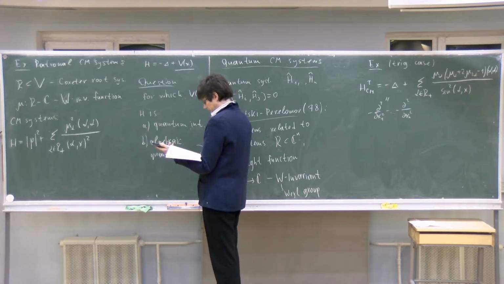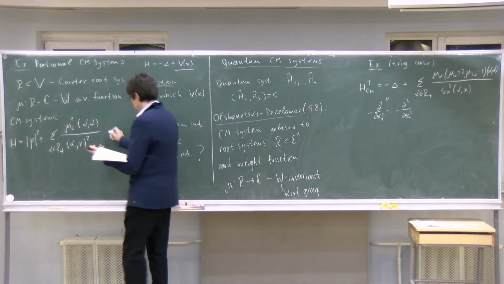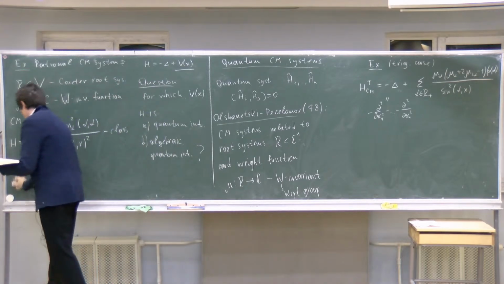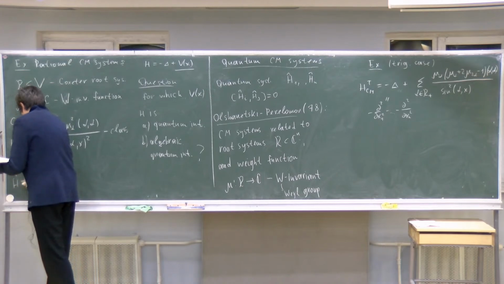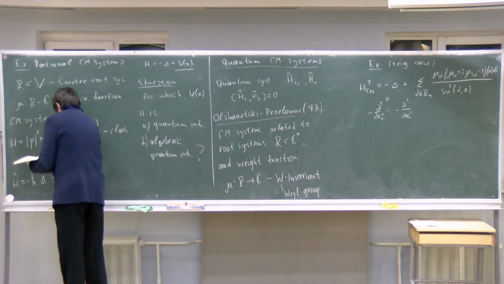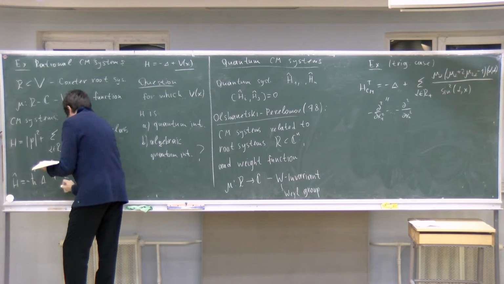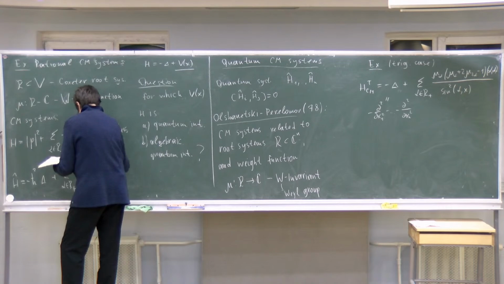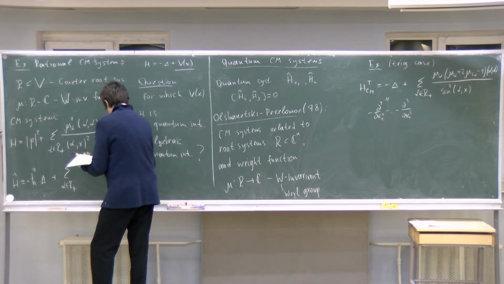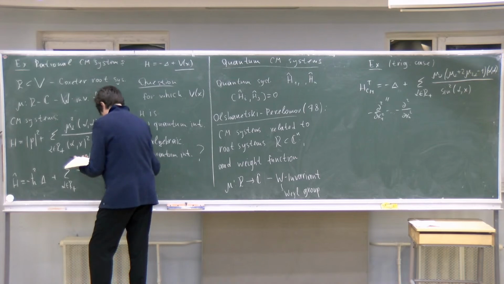And this is a classical Hamiltonian, and the corresponding quantum Hamiltonian is just minus h squared delta plus the same sum, mu alpha (mu alpha plus h) over alpha x squared.